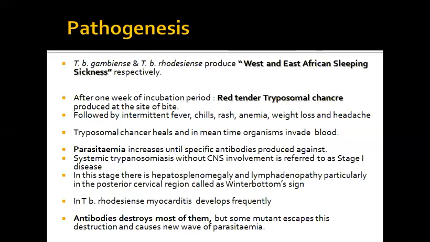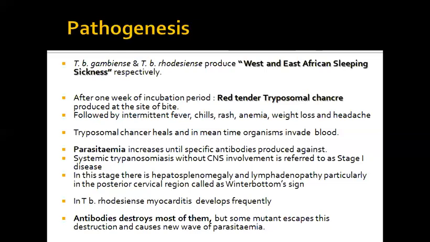This is followed by intermittent fever, chills, rash, anemia, weight loss, and headache. The trypanosomal chancre then heals, and in the meanwhile, the parasite also invades the bloodstream, causing parasitemia. Parasitemia increases until specific antibodies are produced against it.